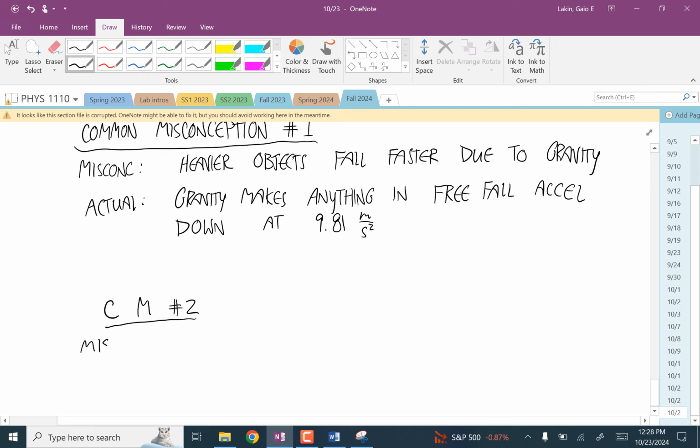And so the misconception there that a lot of people have is that things moving horizontally are less affected by gravity.